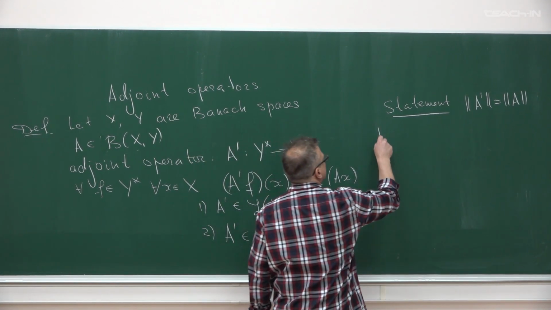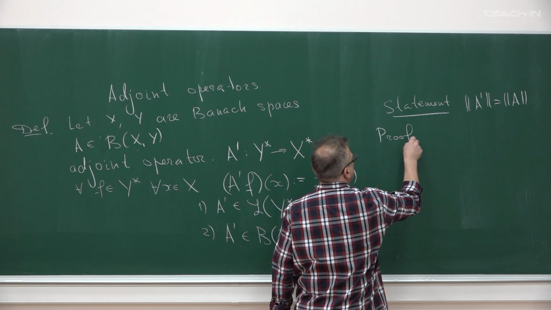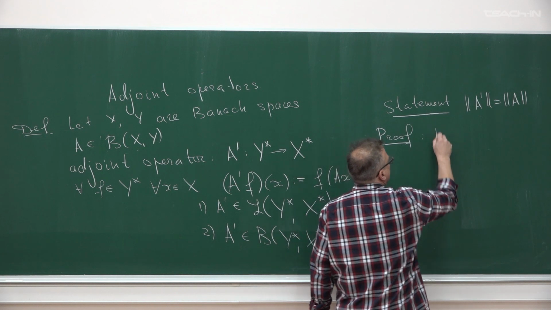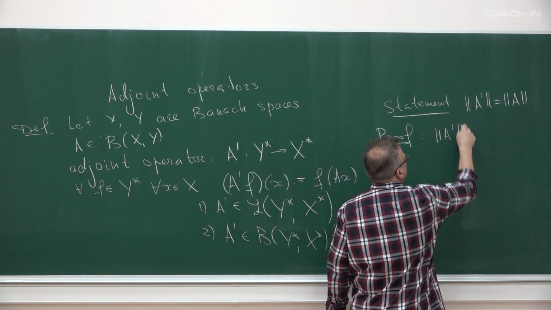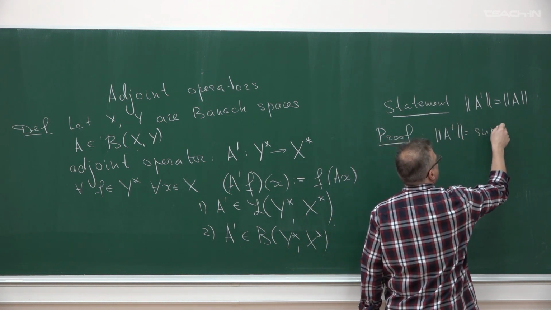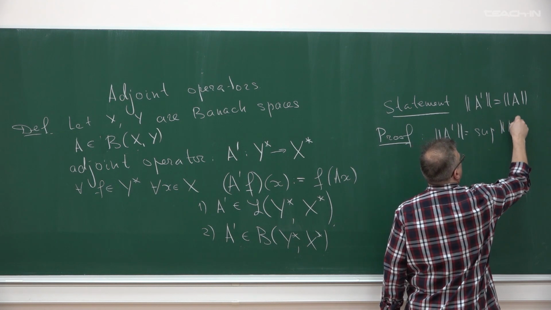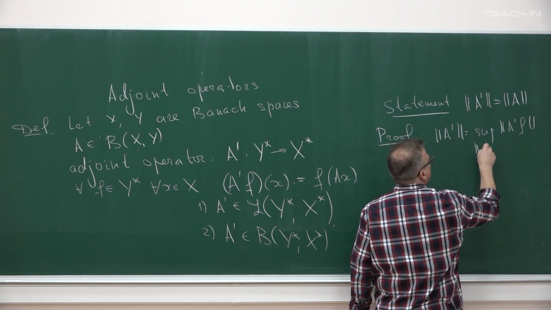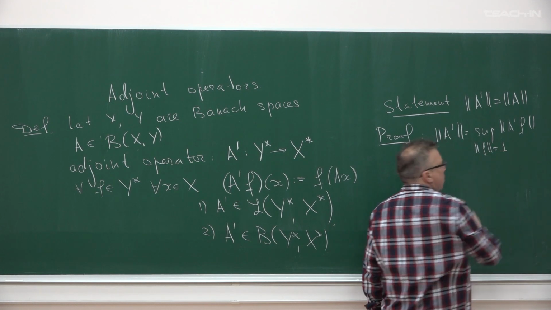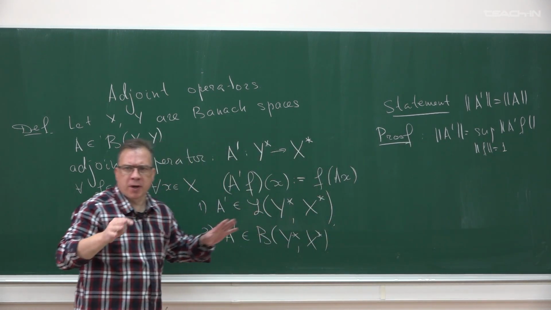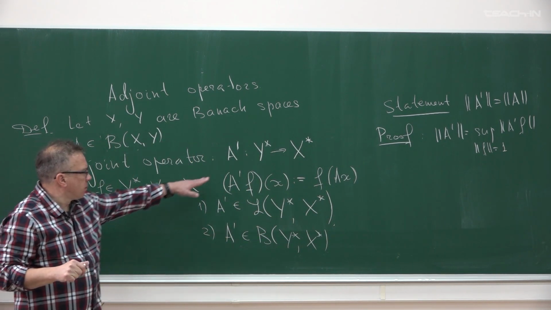Proof. By definition, the norm of A prime is the supremum over functionals f with the unit norm. I don't repeat from what space the functional f we take.